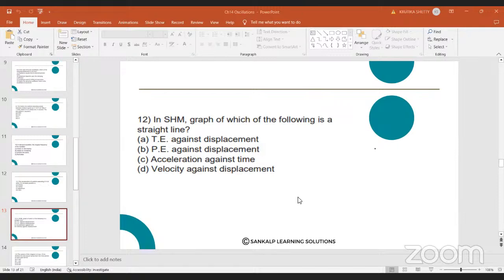Yes, that is right. Yes, it is A, that is total energy against displacement, that is a straight line.